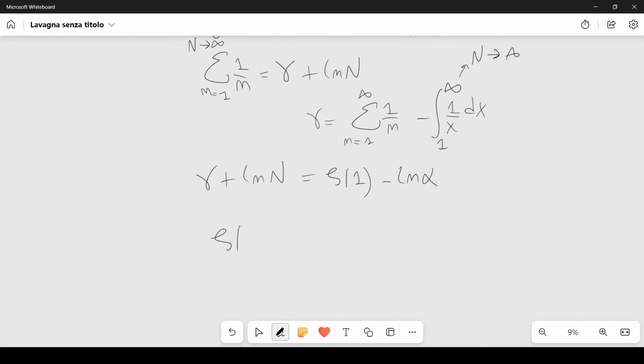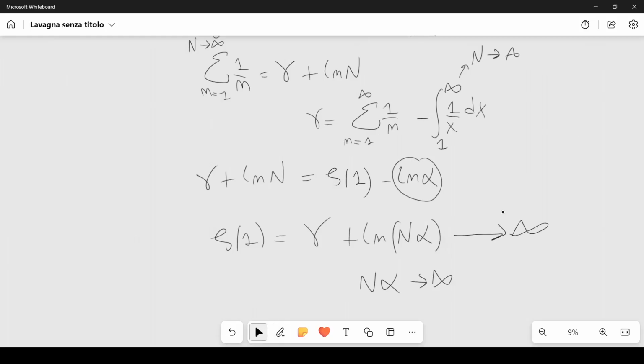But now, take a look. Here we have z of 1 equal to a constant gamma plus ln. If we put this on the left, we can also rewrite this as n alpha here inside the argument of ln. But now remember that when alpha goes to 0, n goes to infinity, but remember that we assume that n alpha goes to infinity in our considerations. Therefore, this will give rise to an infinity.